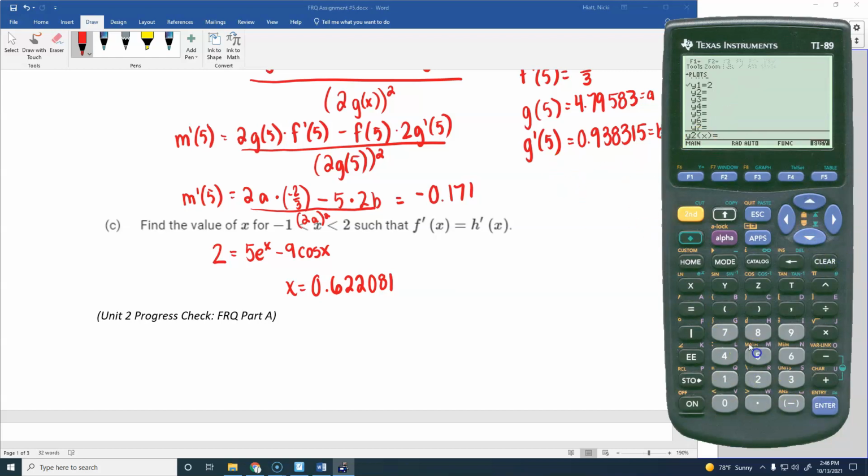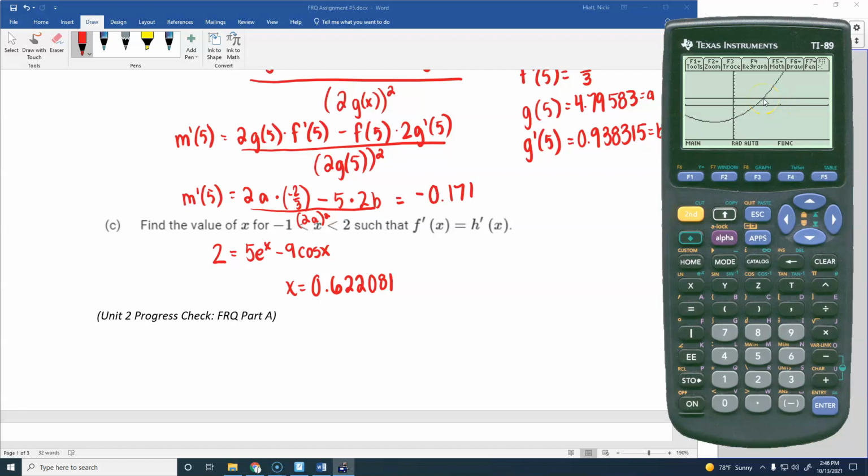And on the y2, you could do 5e to the x minus 9 cosine x. And then if you do the green button window, make it go from negative 1 to 2 so that you're looking at the right part and graph it. You could find where they cross, which is going to be right here, which will give you that same number.